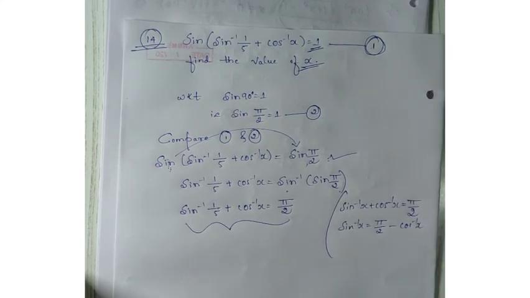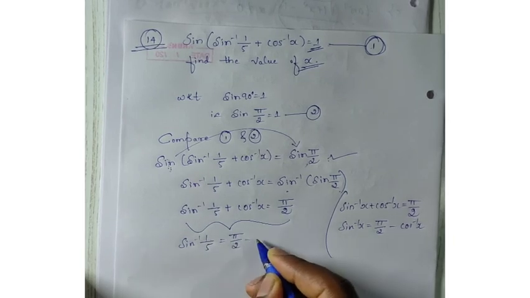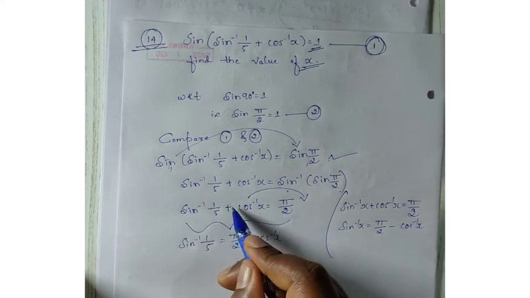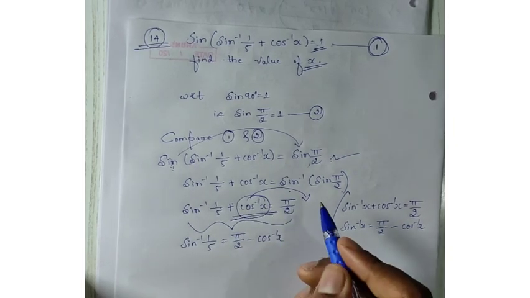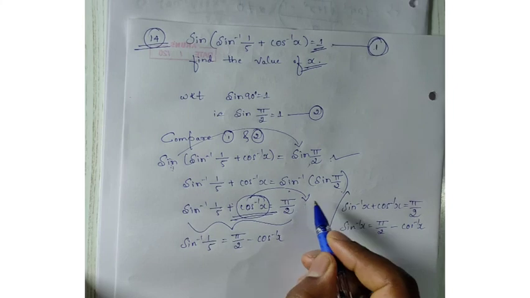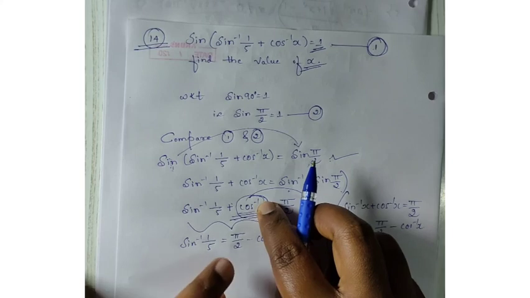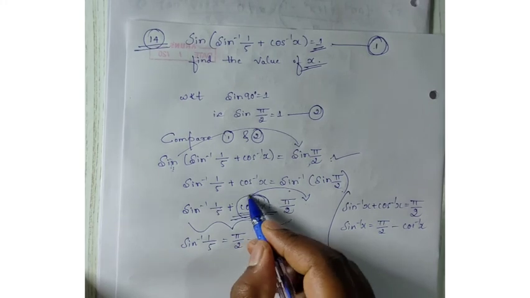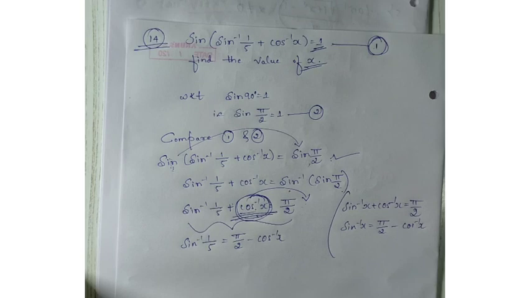Therefore, you can write sin inverse 1 by 5 as pi by 2 minus cos inverse x. I have just shifted the entire cos inverse x term to the RHS. When only the cos inverse is shifted to the right side, it becomes cos. But when the whole term is shifted, it becomes minus cos inverse x. Don't get confused.